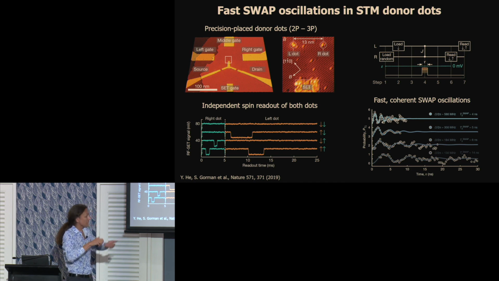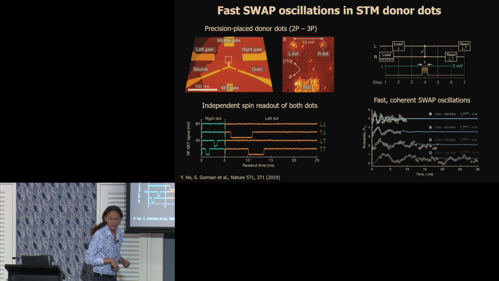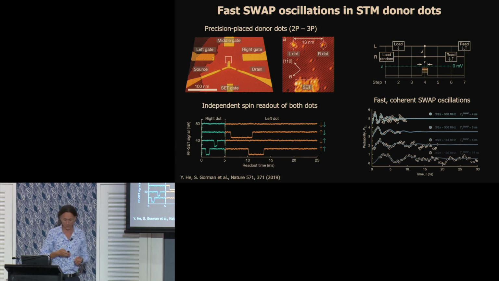And then to do the coherent exchange operations, this device didn't have a microwave antenna to actually coherently control the qubits, so there was a loading of spin down on one spin and random loading on the other, so half the time you'll get an up-down, and then you can watch those swap coherent oscillations happening, and these are extremely fast oscillations that are on the nanosecond or sub-nanosecond scale. So this is essentially one of the records of speed for exchange oscillations seen coherently.